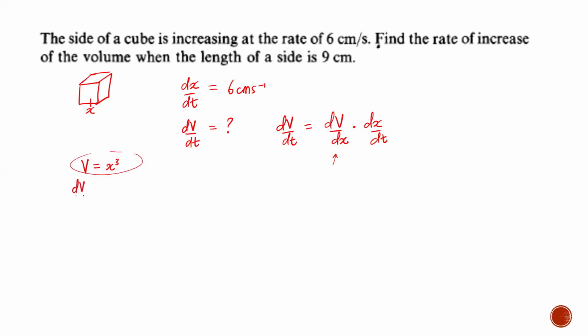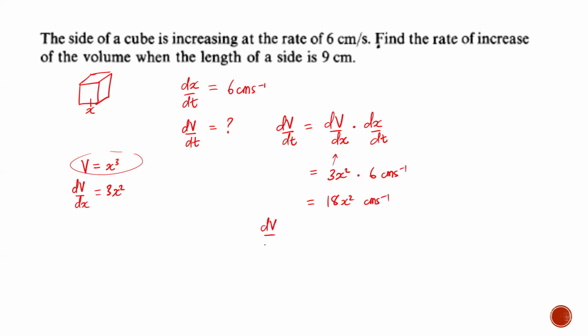So from this equation, we know that dV/dx is 3x squared. So dV/dt is going to be 3x squared times 6 centimeters per second, which is 18x squared centimeters per second. But the question was asking for when the side length is 9 centimeters.